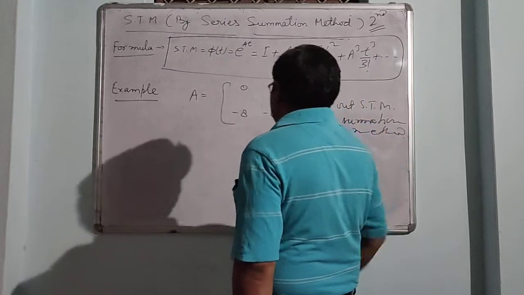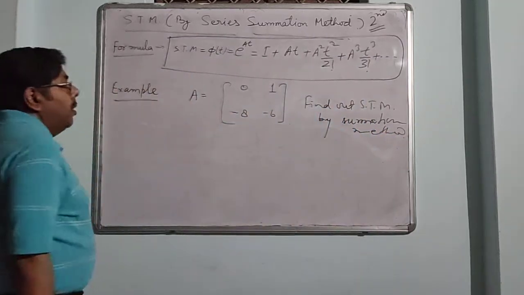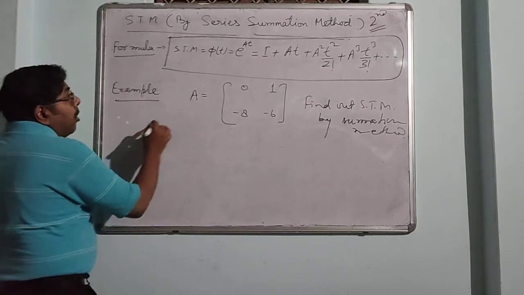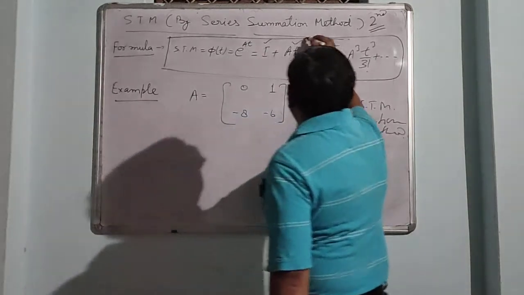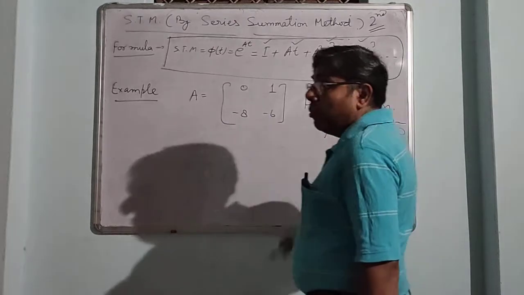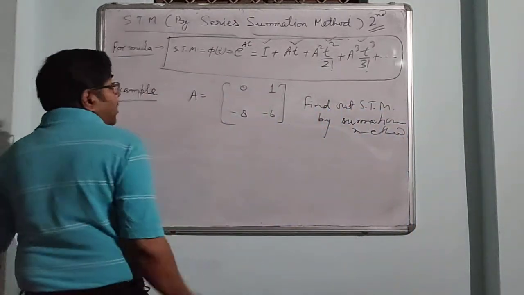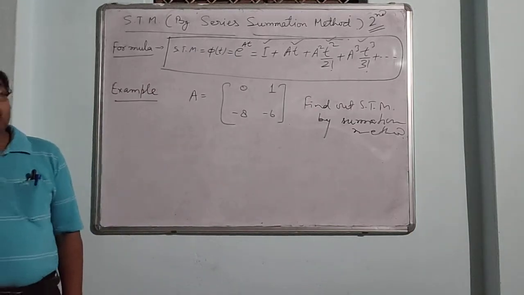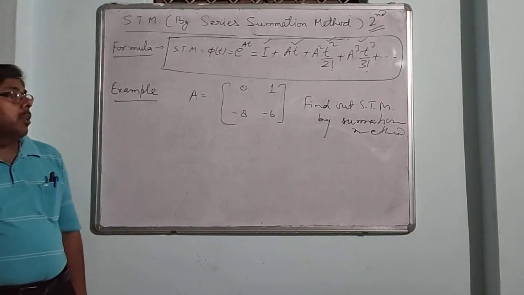So this is the summation. To find out, first you have to determine all these terms. 1, 2, 3, 4. At least 4 terms are required. This is an infinite series and you have to calculate all individual terms.